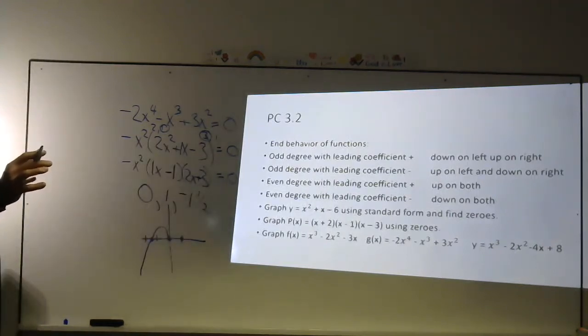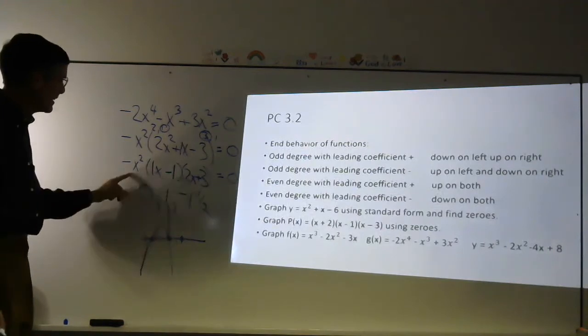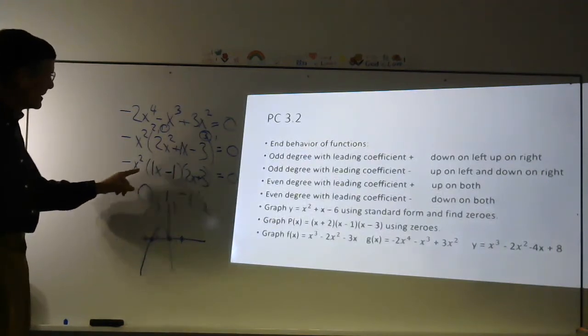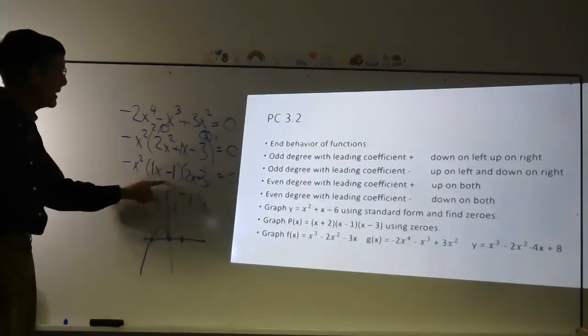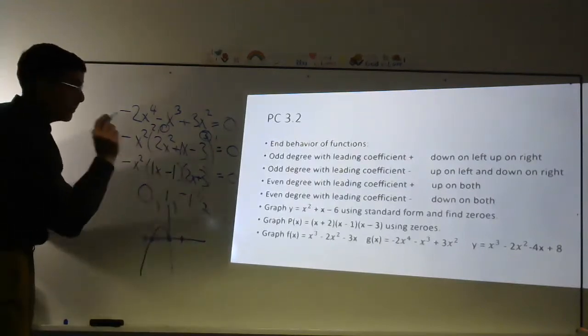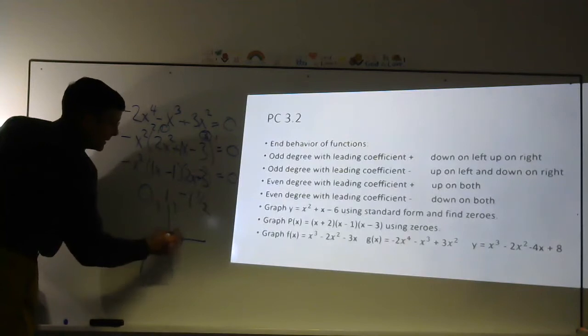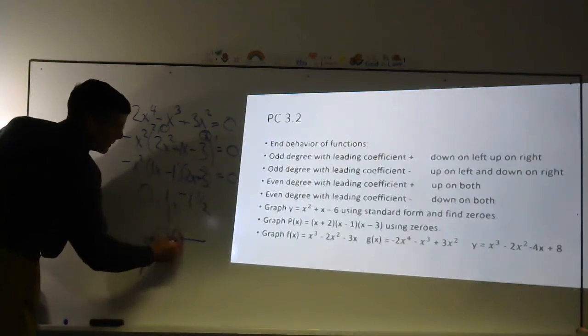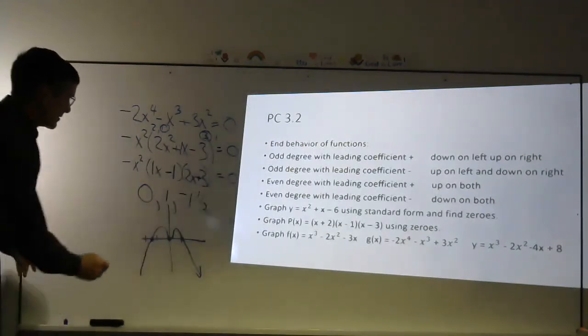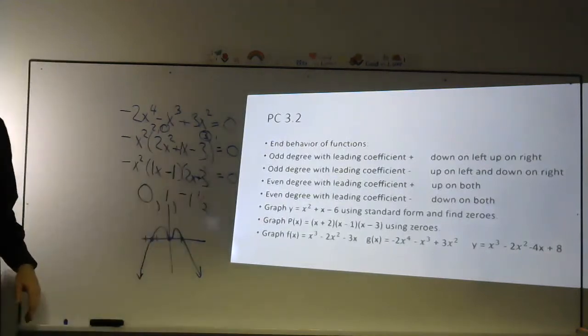Let me try it again. If I put a half in here, this is negative, darn it. A half here is negative. Two negatives times a positive is positive. This one comes back up. And then we know it has to be going down over here. So it looks like that.